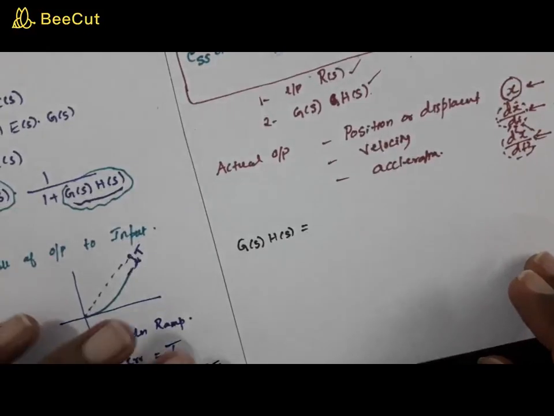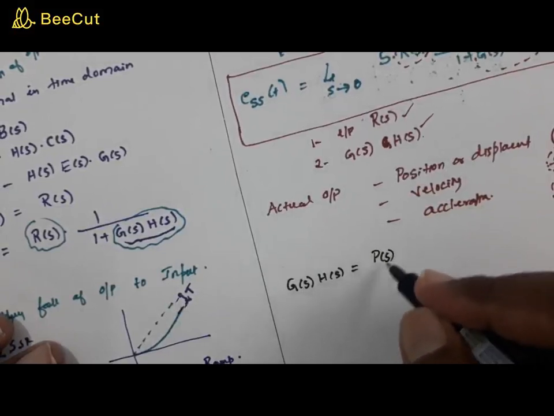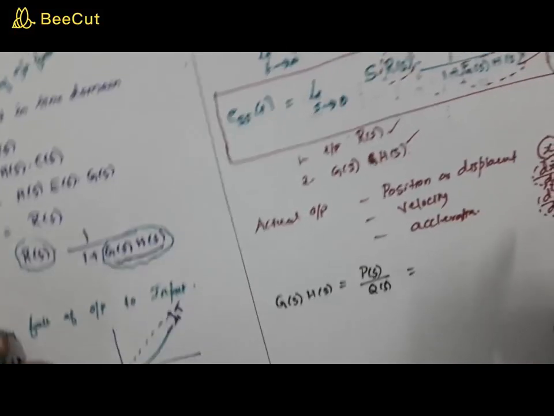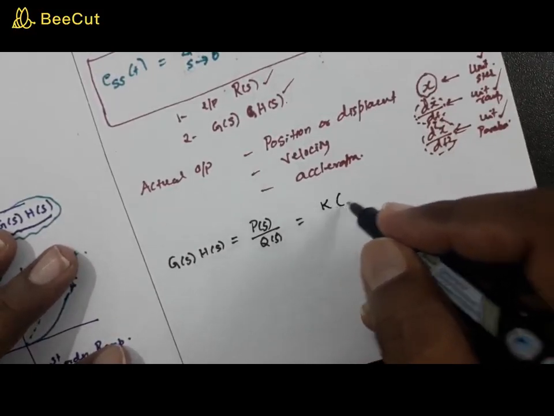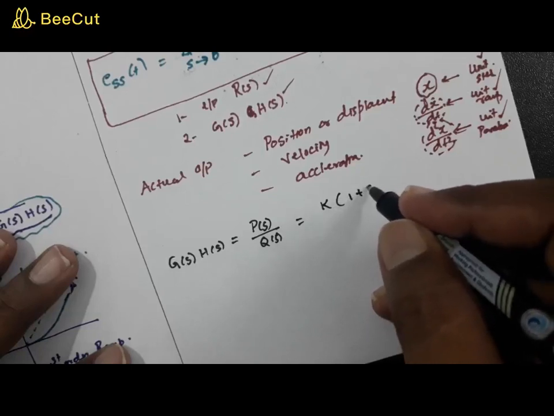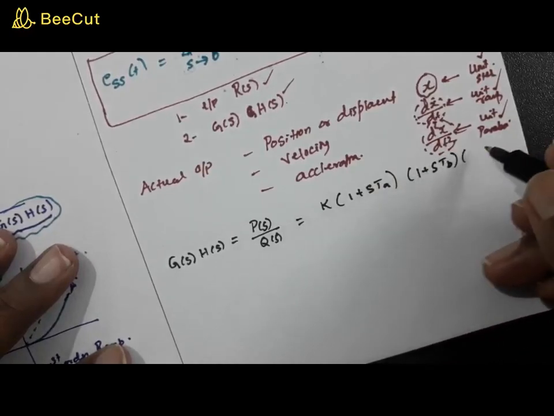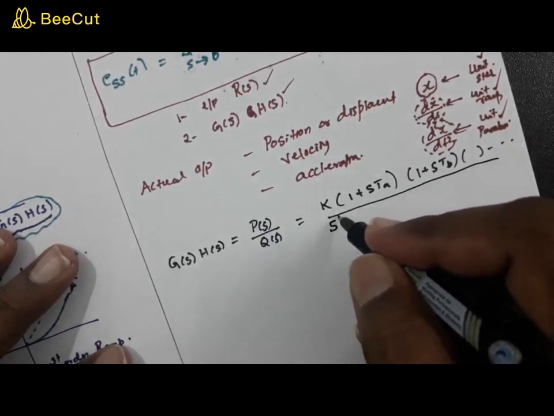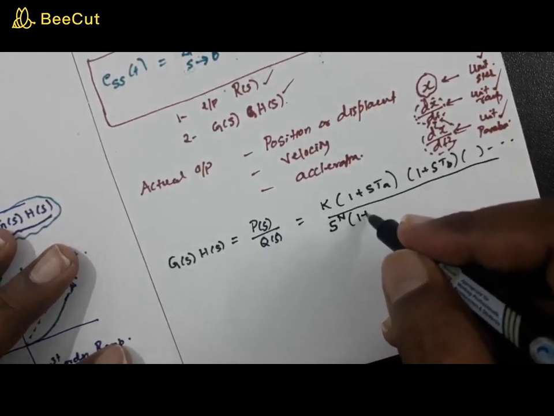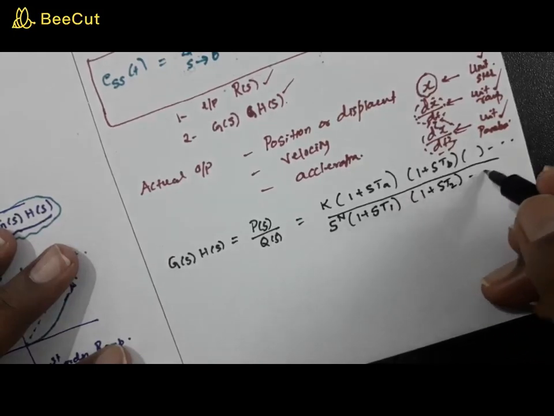The generalized form can be written as P of S over Q of S, given by K into (1 plus sTA) into (1 plus sTB), and it goes on like this, divided by s raised to n into (1 plus sT1) into (1 plus sT2), etc.